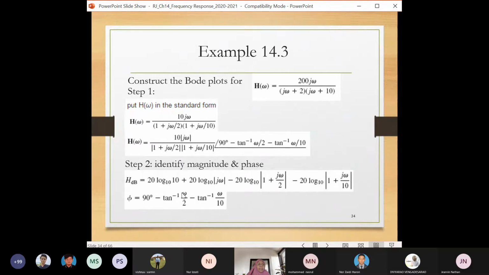The important thing is you should be able to sketch it. In terms of the phase angle, the mathematical expression is always 90 degrees minus tangent inverse of omega over 2 from the pole, minus tangent inverse omega over 10, the second pole.